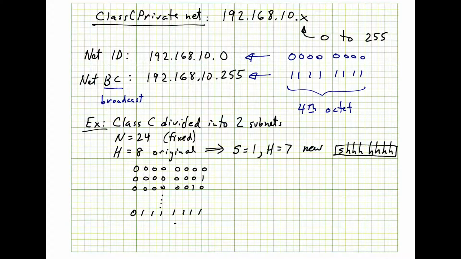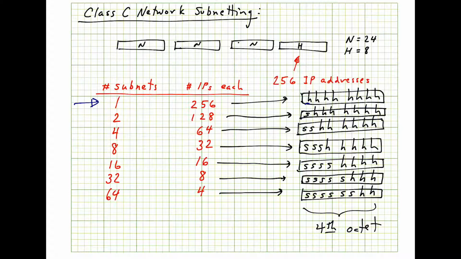And this is the first subnet. So what we're going to do is we're going to have this S bit label the subnet. And now the host bits range from all zeros to all ones. And then if I continue, the next binary number is 1 0 0 0 0 0 0 0 and 1 0 0 0 0 0 0 1, etc., all the way down to all ones.